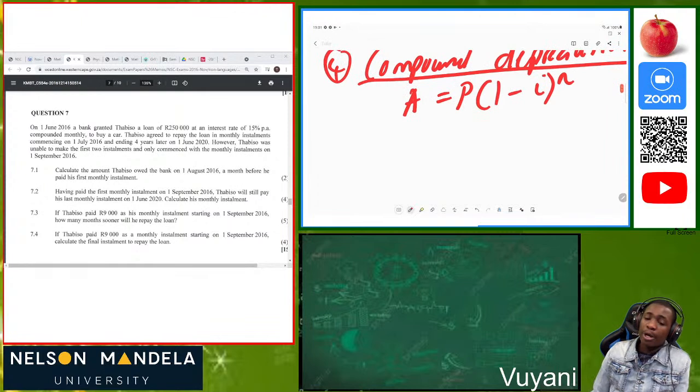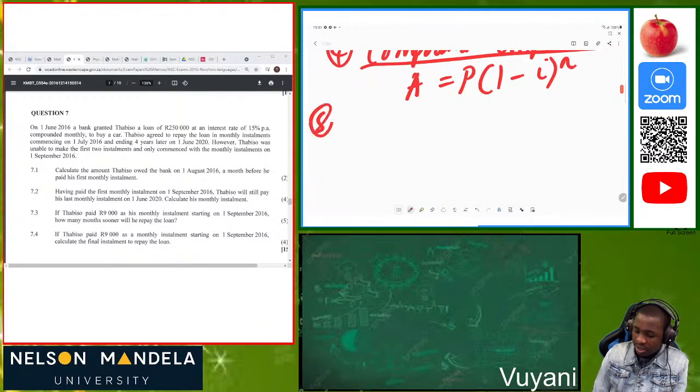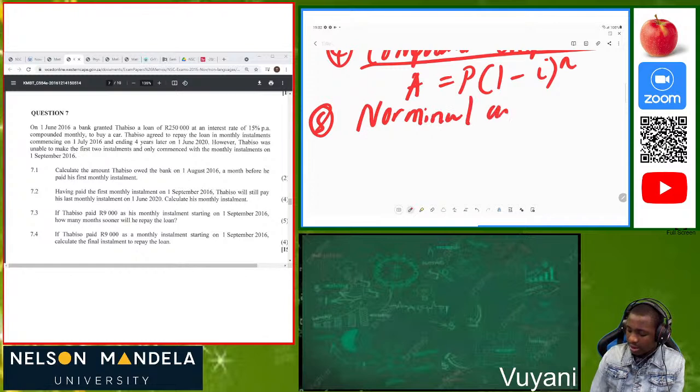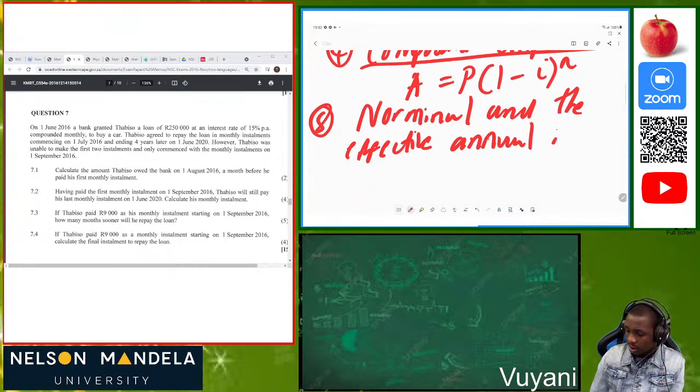Then now we are taught about these things which are most important. They usually ask about the nominal and the effective annual interest rate.